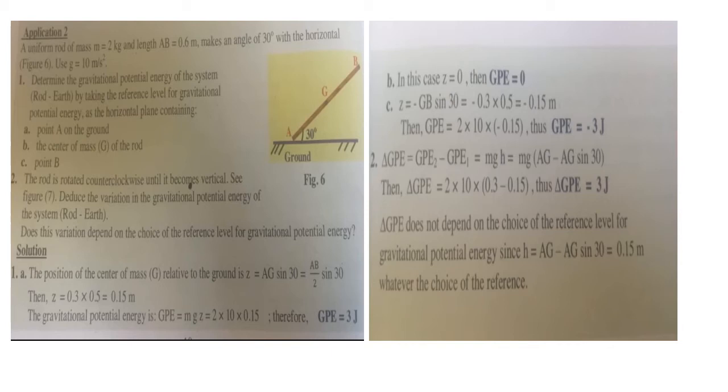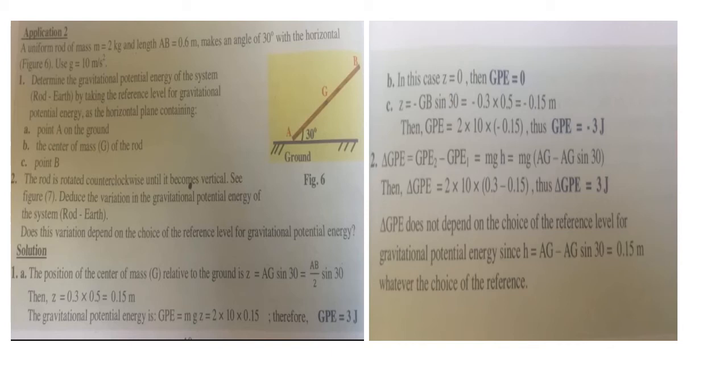So, delta GPE equals GPE final minus GPE initial. GPE final is mg times h, where h equals AG, because G is now in the vertical position. And GPE initial equals mg times AG sine 30. So delta GPE equals 3 joules.